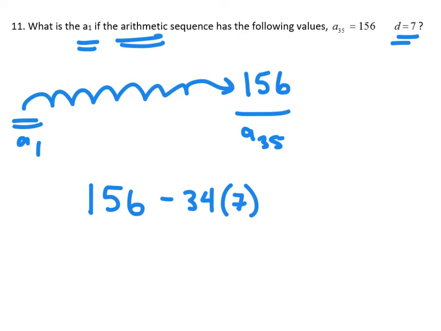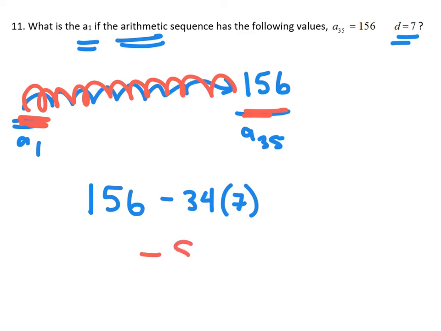Because the idea is that if we're at 35, we're going to back up 34 spaces to land at the very first one. So if we take 156 and we subtract 34 times 7, we get an answer of -82. The very first term in this sequence was -82.